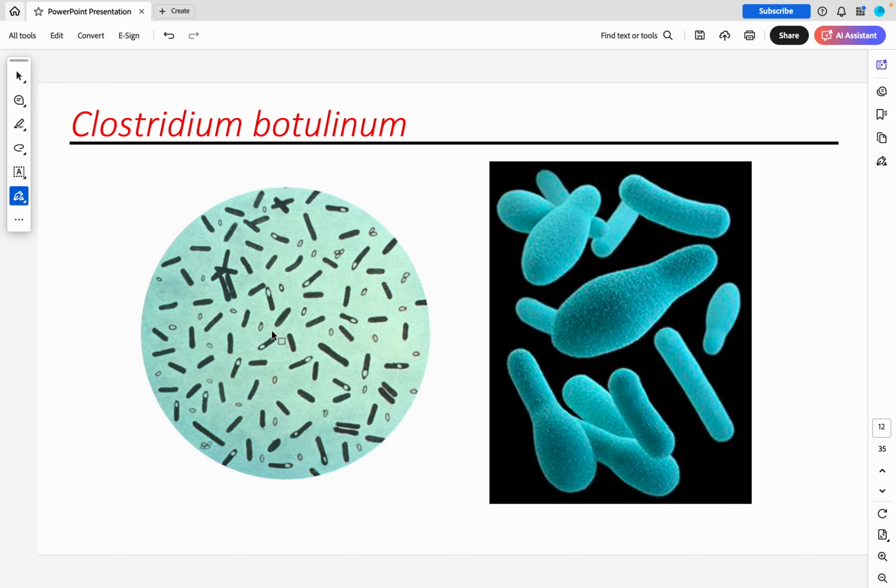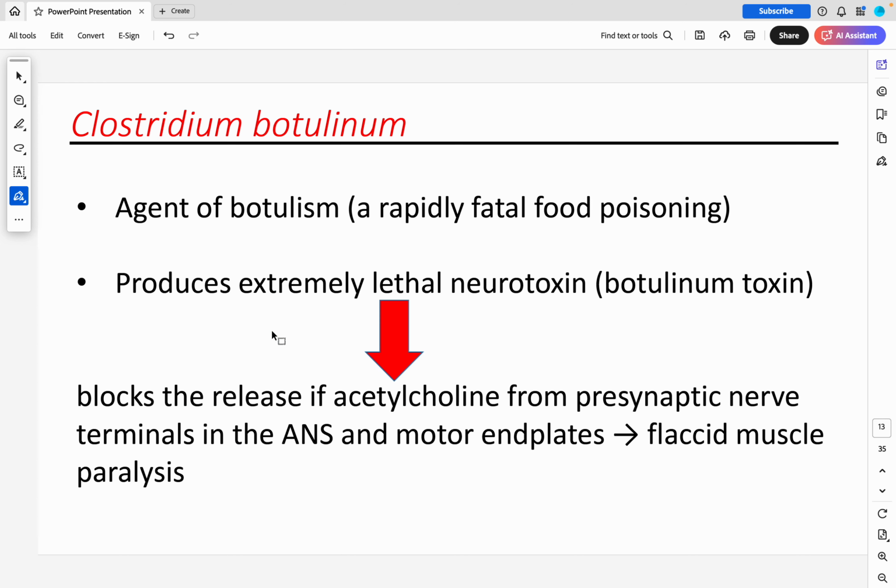Okay, so let's look at specific species. We have Clostridium botulinum. Let's discuss the medical significance of C. botulinum. It's a causative agent of botulism, which is a rapidly manifesting type of food poisoning.